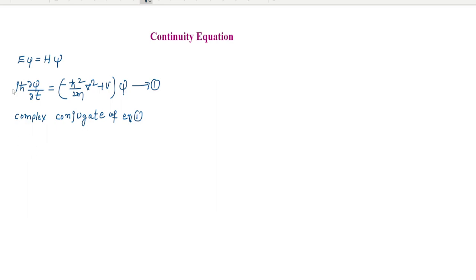So the complex conjugate of this equation: minus i h cross partial derivative of the wave function psi complex, dou t, equal to minus h cross square divided by 2m del square. There is no change here.